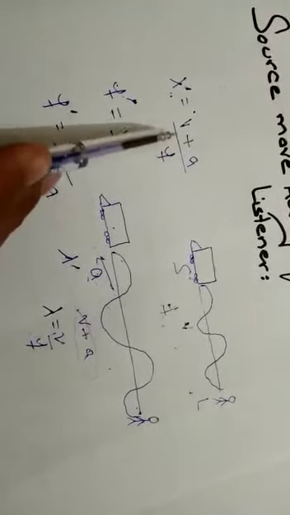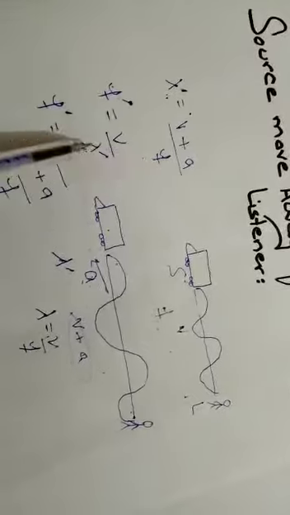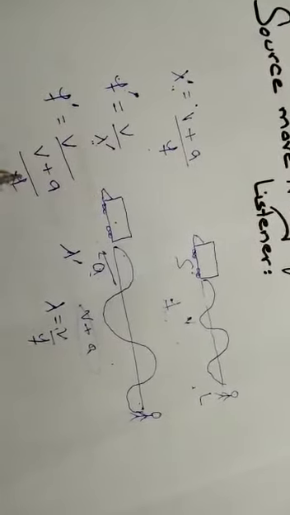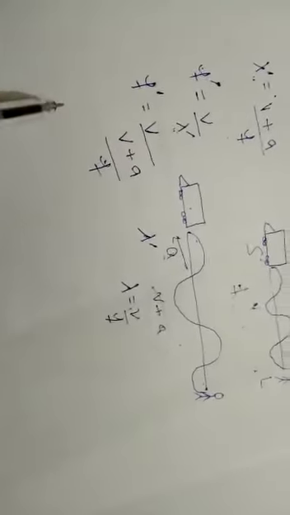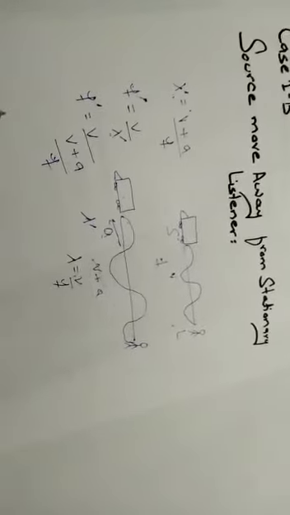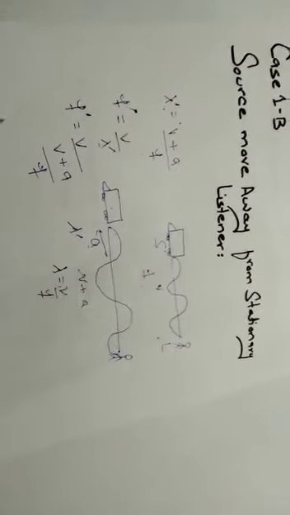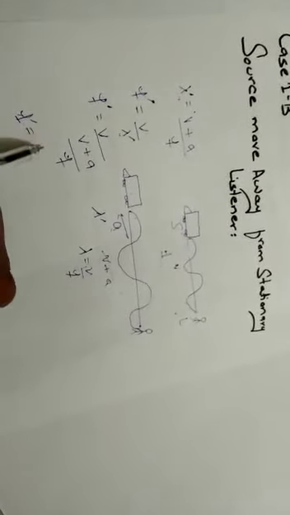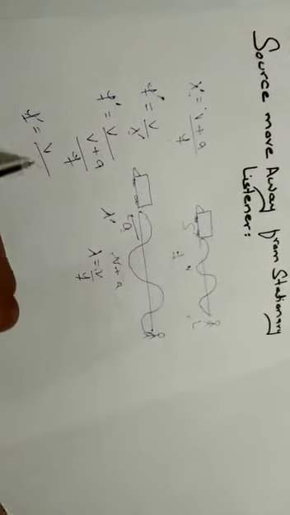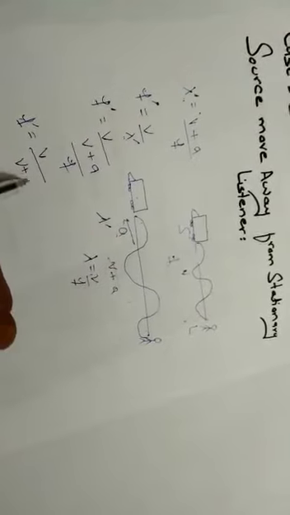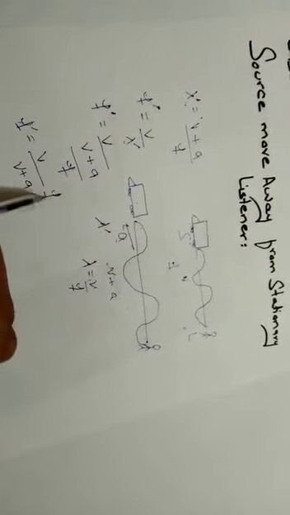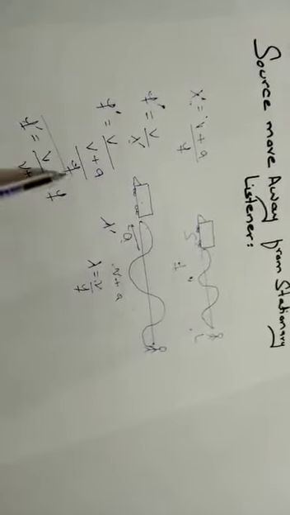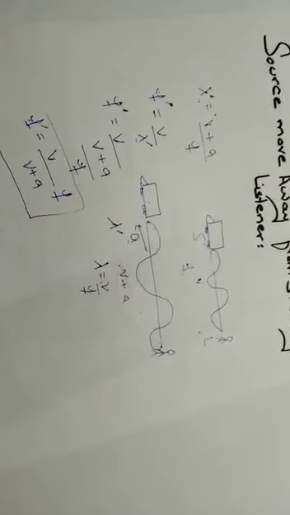This lambda prime is equal to v plus a divided by f. So we write the value of lambda prime. Again, this f prime is equal to v divided by v plus a, into f. This is the new frequency.